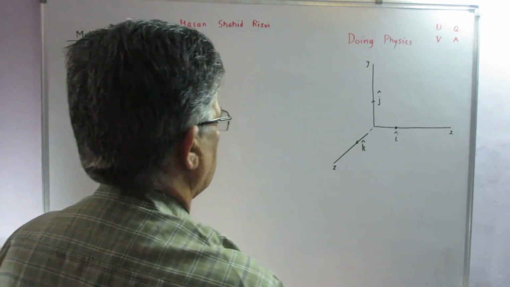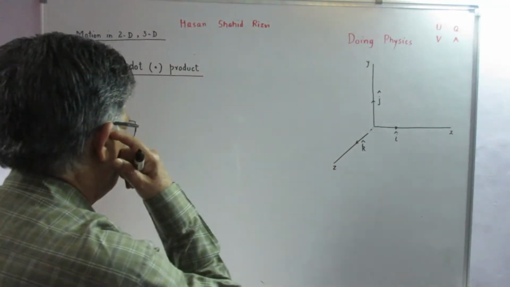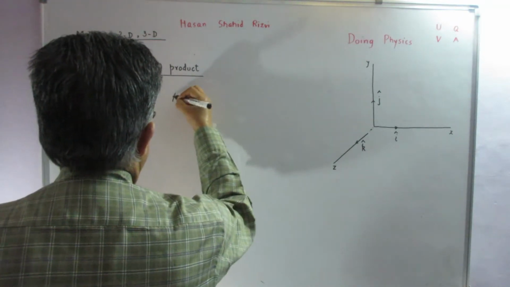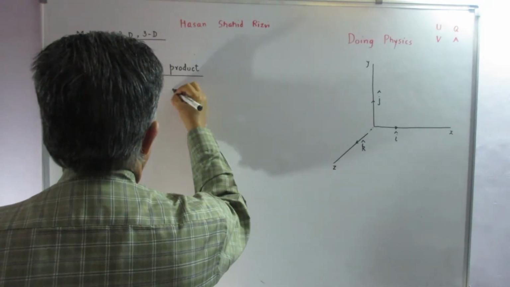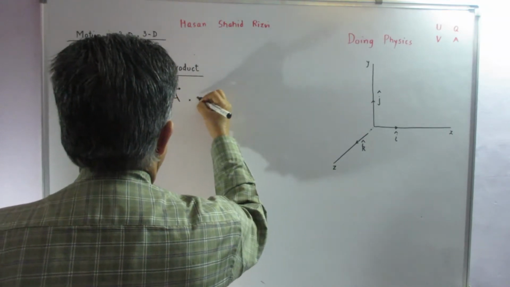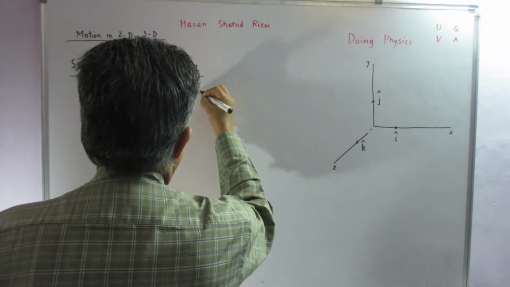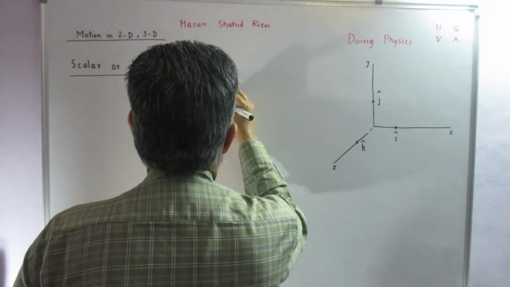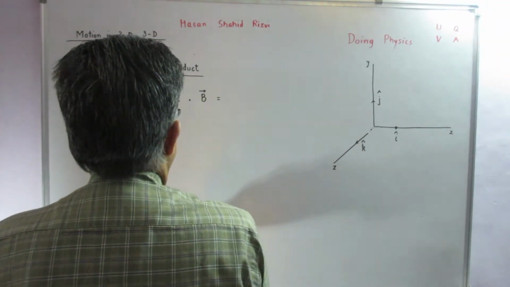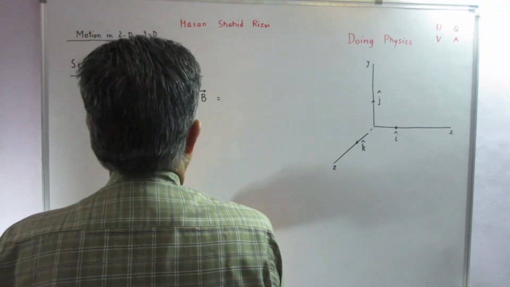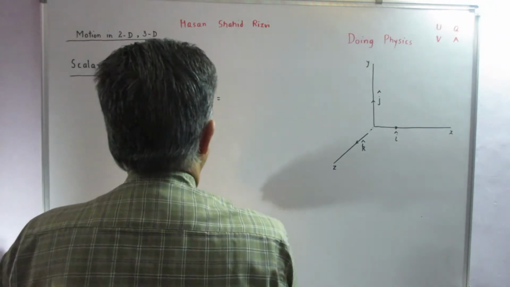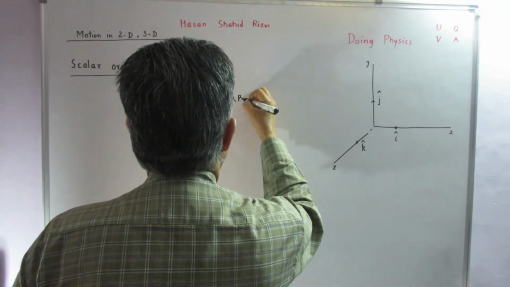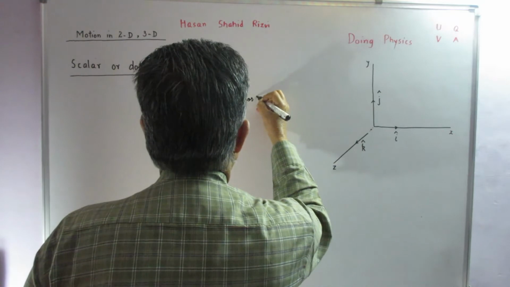So with the definitions of the cross product and dot product in mind, A dot B is equal to a scalar, and that is AB cos theta.